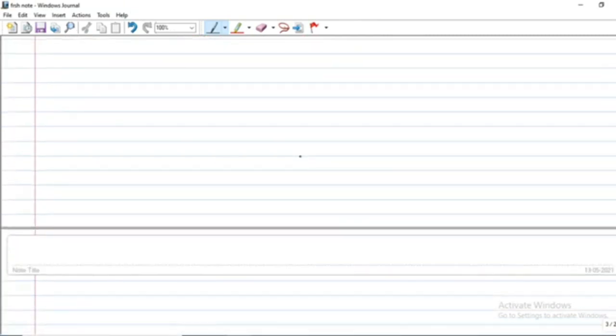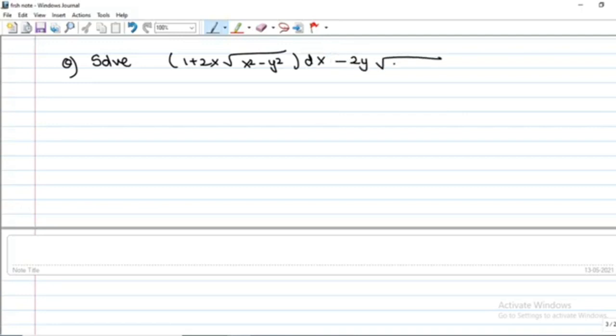The next question which we are going to take is as follows. The question says solve (1 plus 2x under root x square minus y square) dx minus 2y under root x square minus y square dy equal to 0.